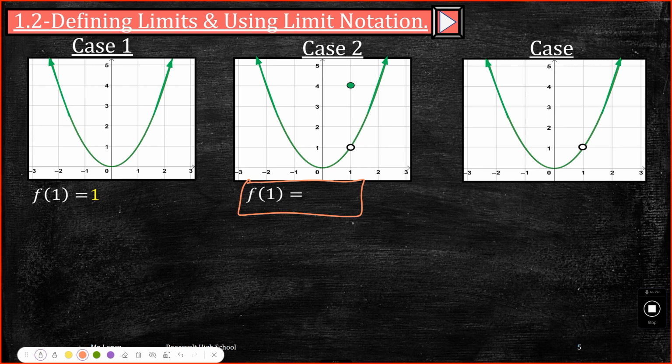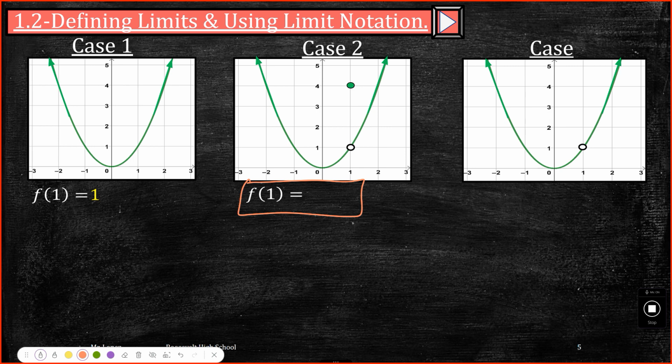So for case number 2, f of 1, are you that engineer who says, oh, yes, I fixed the pothole? No, you didn't. You put it in the wrong spot.